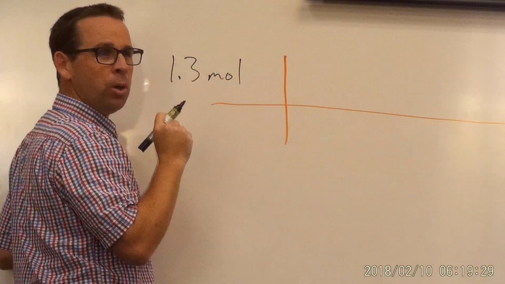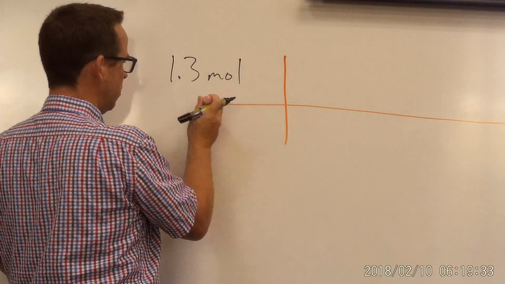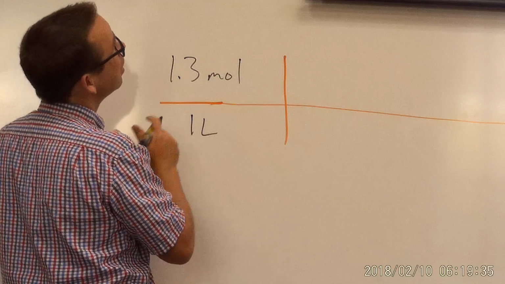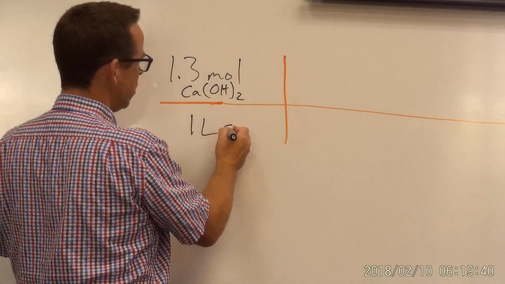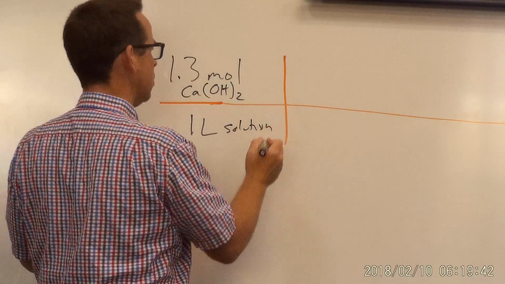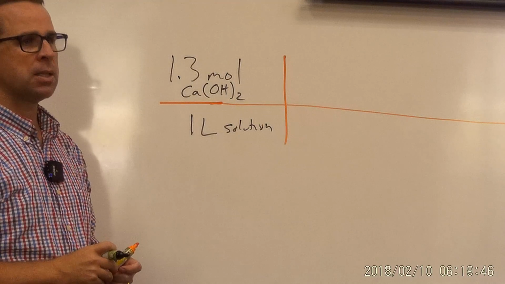Now, I don't want to write molar, right? I want moles for every liter of this material. What is this stuff? It's calcium hydroxide for every liter of solution. Right? What can I do next?